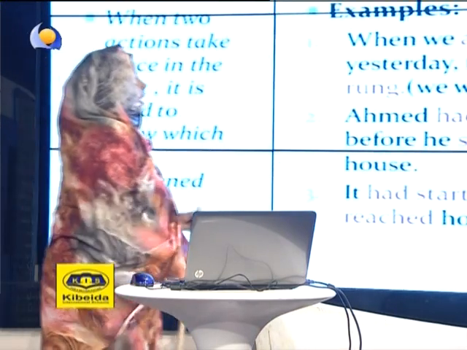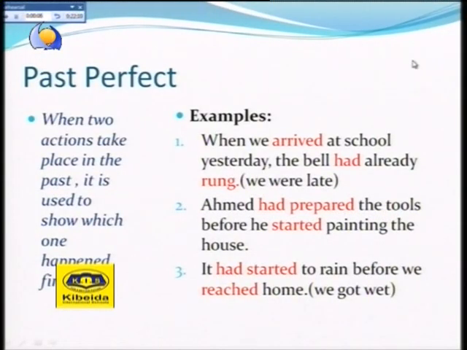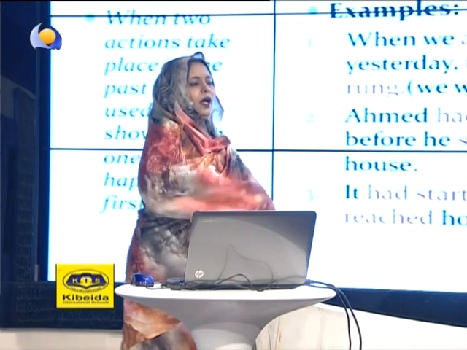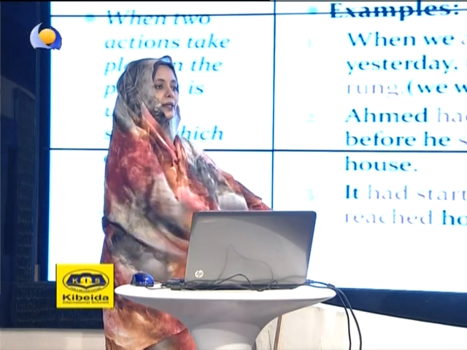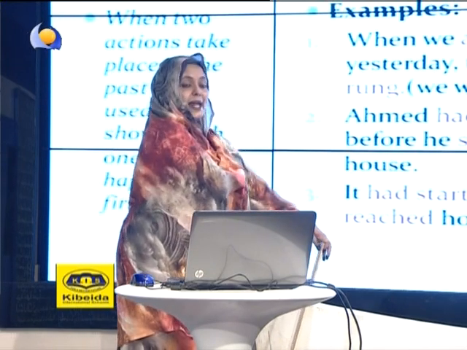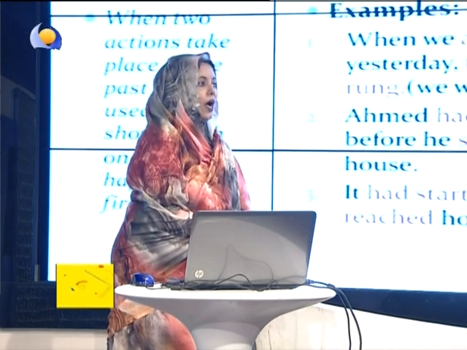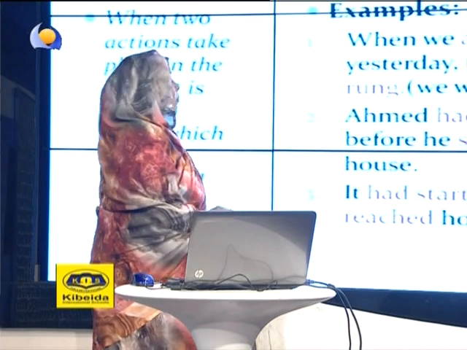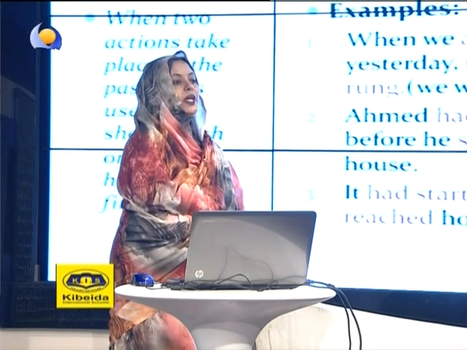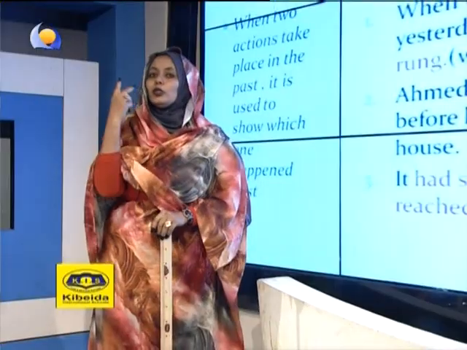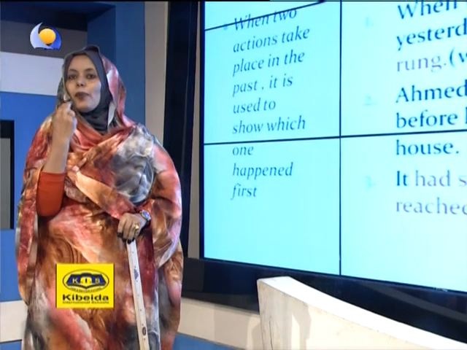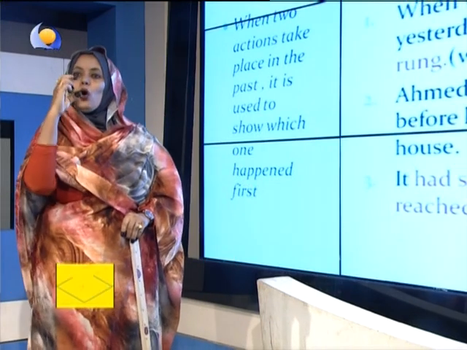Now, many students ask, what is the use of this past perfect? And they confuse it. Now, present perfect is used with has and have. Remember, has and have are friends. We use past perfect when we are talking about two actions in the past, and I want to order them.